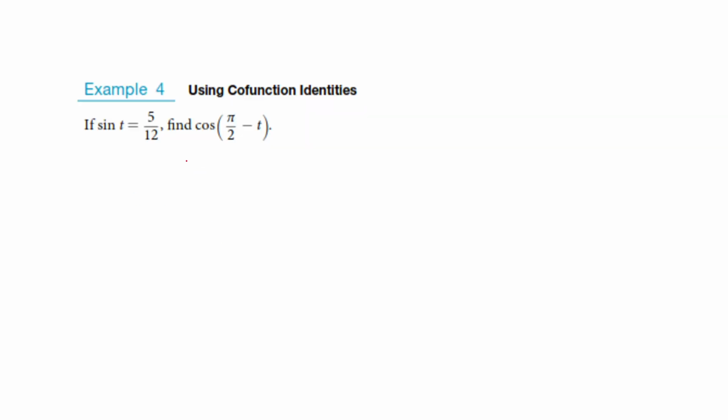Okay, so here's kind of a weird way to say it, that I don't really know the name of t or what the angle is, but I know that I want something to do with the cosine of his partner. T and pi over 2 minus t have to be partners in the same triangle. And so if sine is 5 over 12 and this is his partner, they're referring to the cosine of this angle, they're referring to the exact same value.